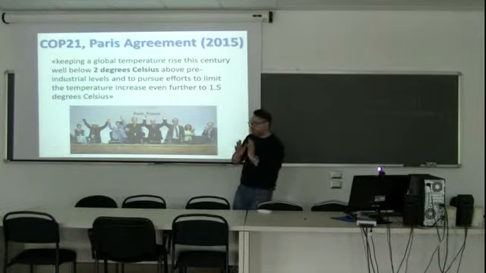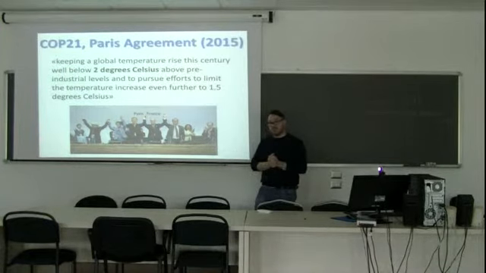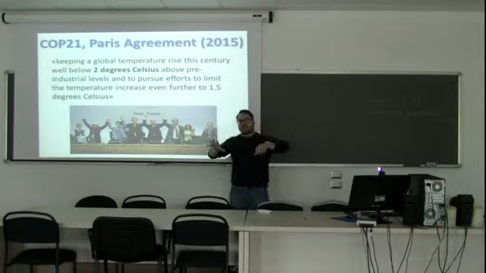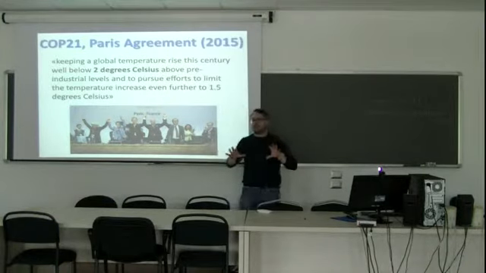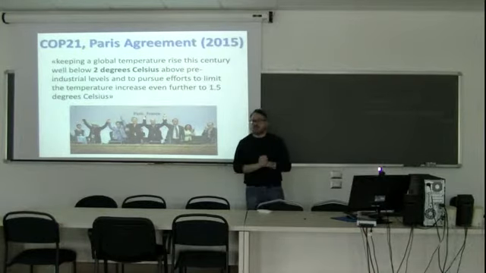But we have to take care not to overcome 1.5 degrees. The goal is to keep the temperature rise to no more than 2 degrees compared with the pre-industrial level.